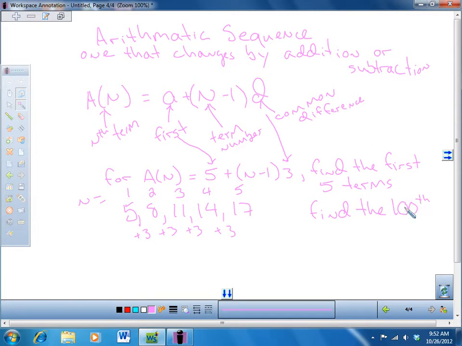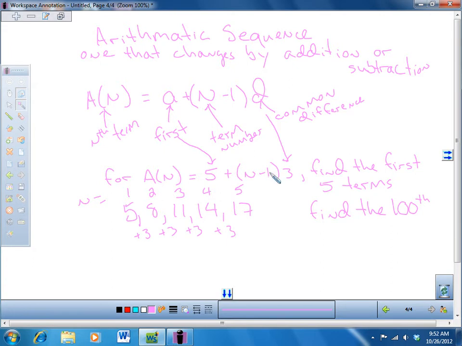But if I want the 100th term, that's where the formula is very useful. Because I don't want to count up until I get to 100, right? That's going to take me way too long. So what I want to do is use a formula, and when you get to Algebra 2, you'll learn about how you find the formula. And tonight's homework, they just give you the formula. All you do is plug 100 into the formula.